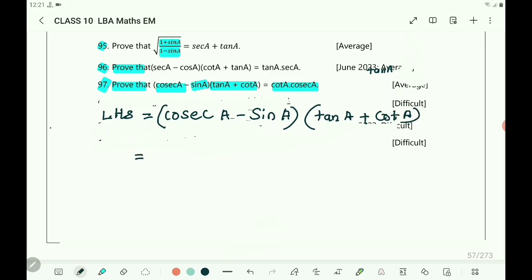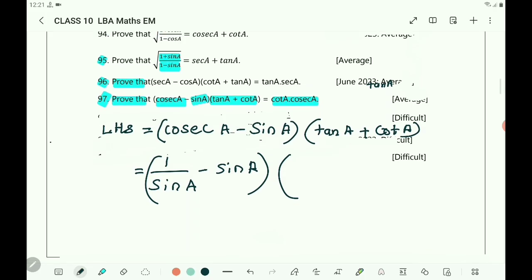Equals, express cosec A as 1 by sin A. Write minus sin A as it is, into, express tan A plus cot A in terms of sin and cos.